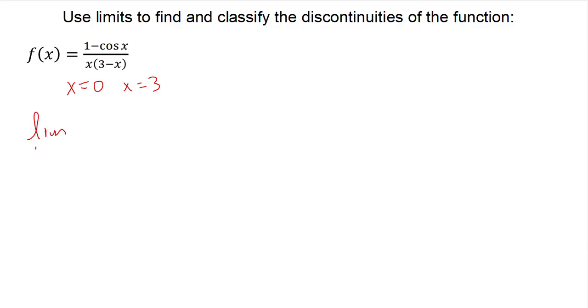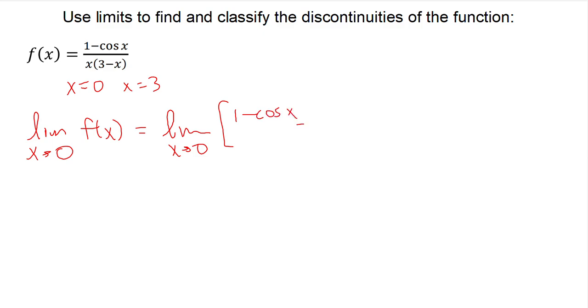We'll do the limit as x approaches 0 first of f of x, which we had a rule for: the limit as x approaches 0 of 1 minus cosine x over x equaled 0. So we're just going to separate this into two different limits that are being multiplied together.